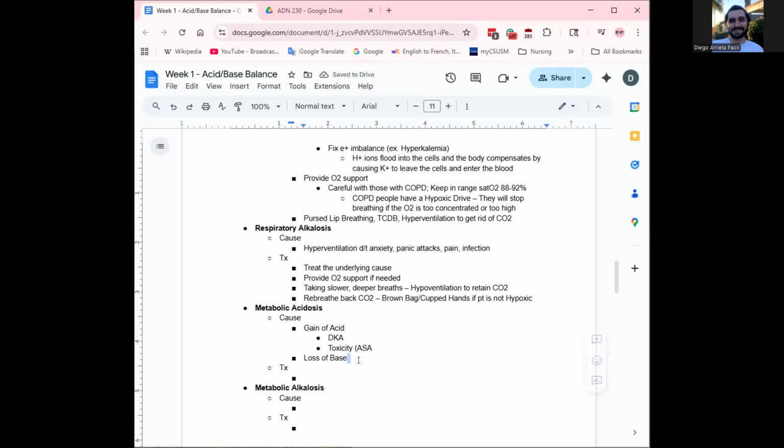Diarrhea, so let that be a loss of base. Severe diarrhea, renal failure. Yep, shock. So yes, some sort of shock or sepsis.